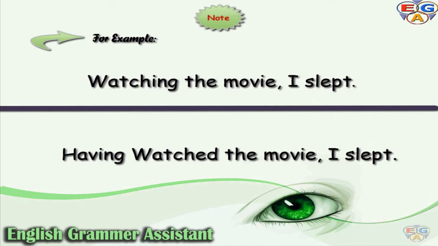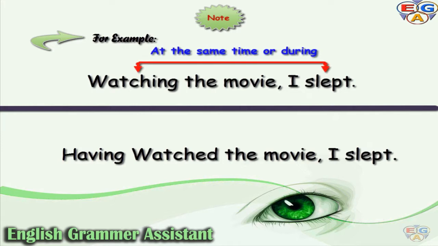Let's contrast these two reduced sentences to understand the point. The first sentence says, watching the movie, I slept. The second sentence says, having watched the movie, I slept. The first sentence implies that he or she slept while he or she was watching the movie.